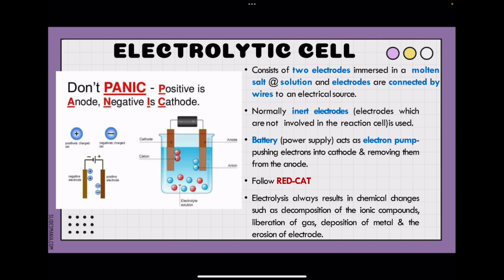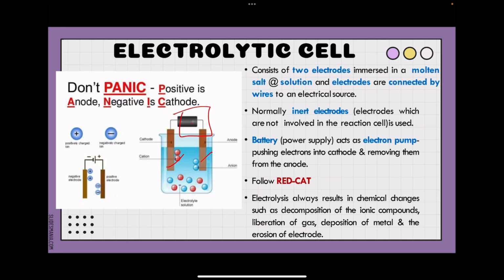An electrolytic cell consists of two electrodes immersed in either a molten salt or an ionic solution. These electrodes are connected to an electrical power supply, which is usually a battery. Normally, inert electrodes are used, electrodes that do not take part in the reaction.